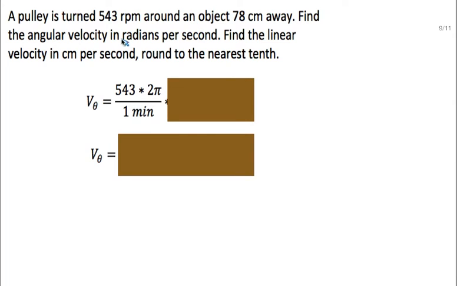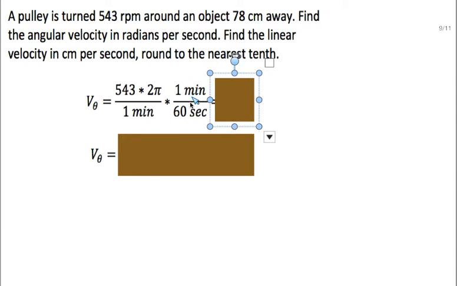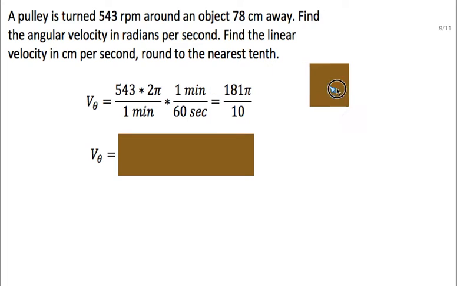But then notice my angular velocity needs to be in radians per second, and my revolutions are given per minute. So I'm going to have to convert from minutes to seconds. In 1 minute, I have 60 seconds. Then I plug all this into my calculator. Basically, I'm taking this and dividing by 60, and I get this answer.